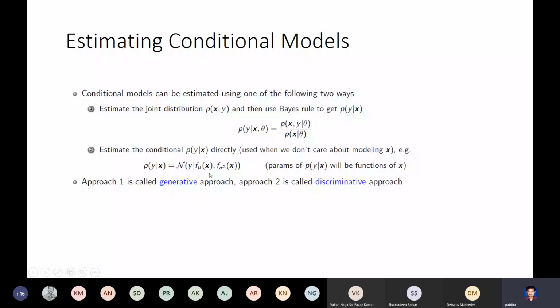We are not interested in how x is distributed. We are just interested in a single value of x. Given a single value of x, we will find f mu and f sigma square, and using that we will find the distribution of y and maybe the most likely value of y. So this second approach is called a discriminative approach.